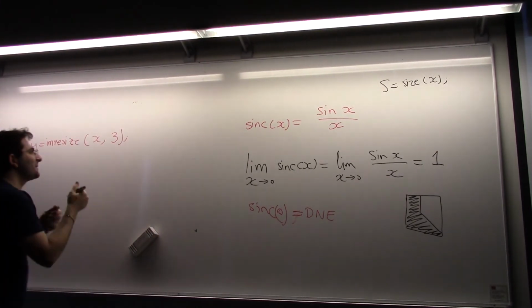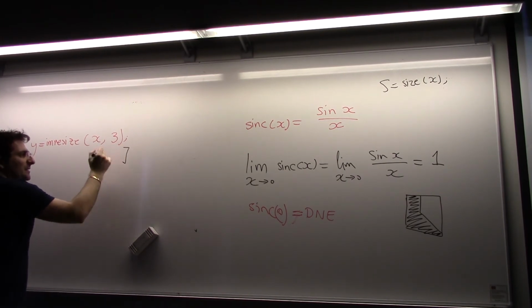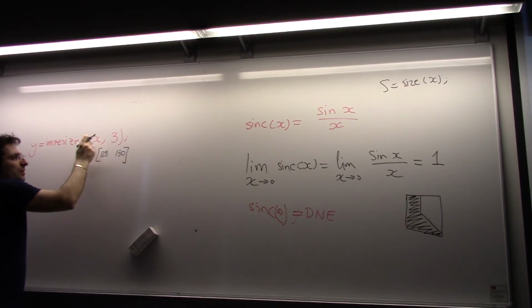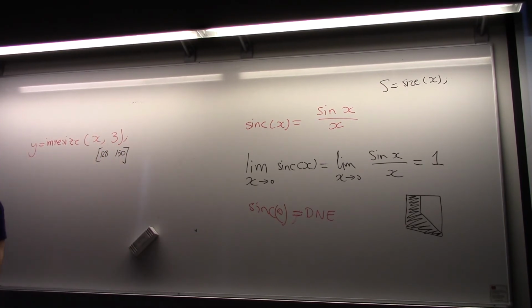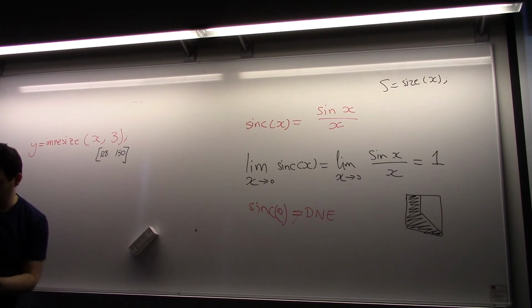So you can either specify what the size should be, for example 128 by 150, so it makes the image 128 by 150, or you don't know the size of x, but you know that you want to make it 3 times, 2 times, 10 times bigger, so you just put the number in there.